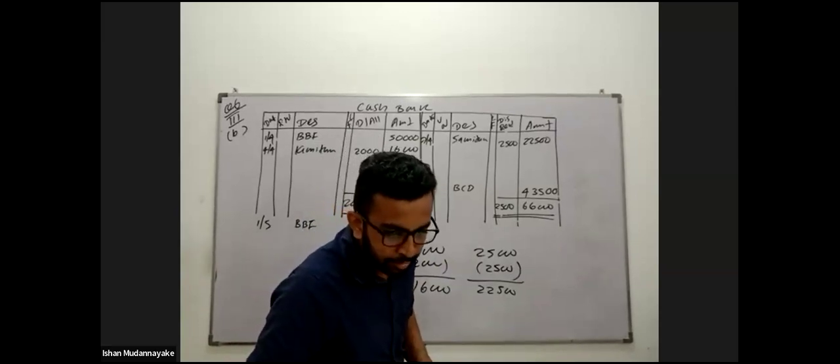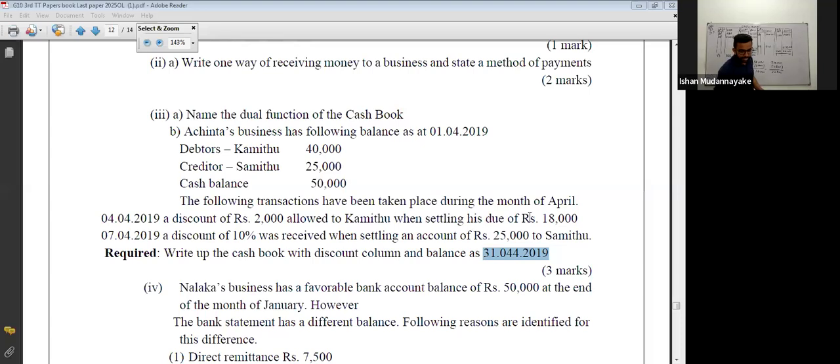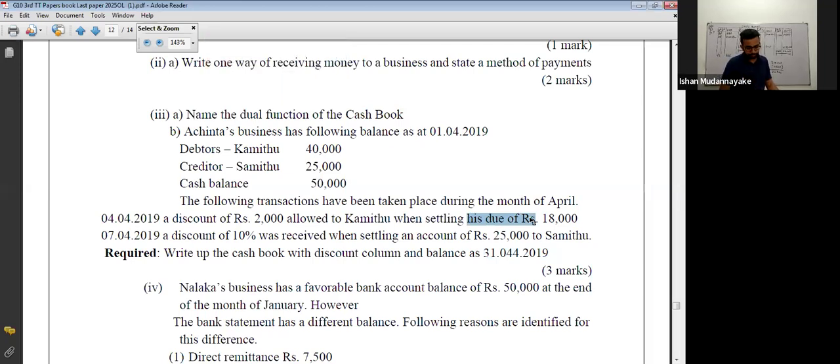He is going to pay us 18,000, and we allowed a discount. Here also the same. When settling an account of 25,000, when you are going to pay Samitu 25,000, he offered us a 10% discount.